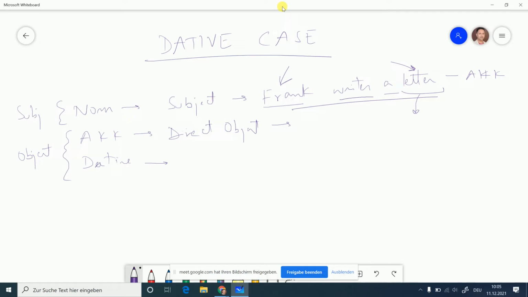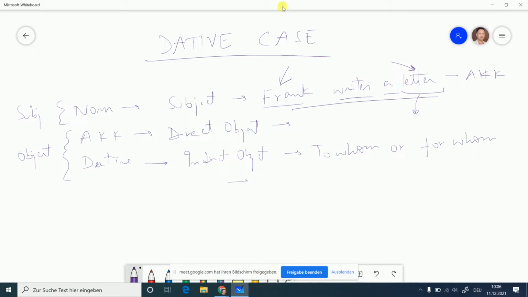And in dative, it is the indirect object. So this normally answers to whom or for whom something is being done.